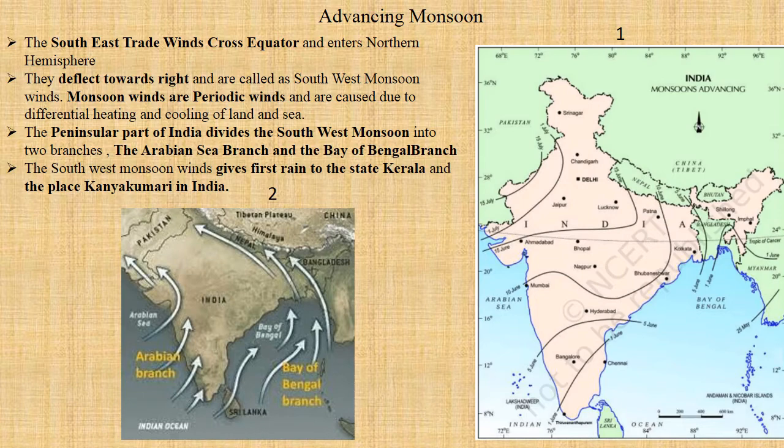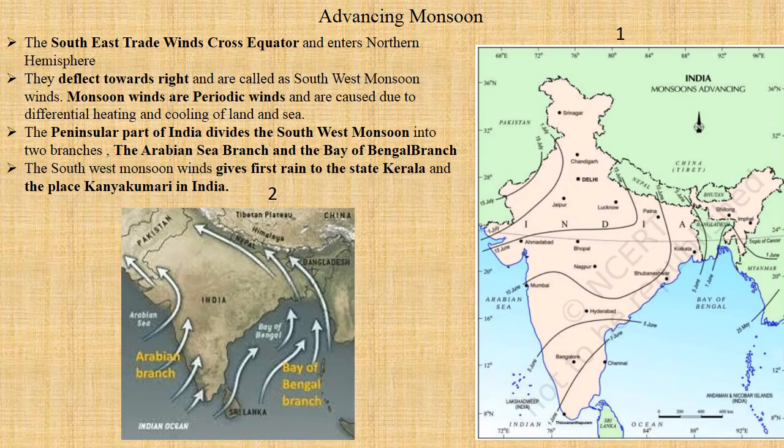We are going to learn in the next slide how these 2 branches proceed ahead. But in this slide, remember the southwest monsoon winds get divided into 2 branches due to the peninsular part of our country. And the southwest monsoon winds move from the south to the north part of our country.